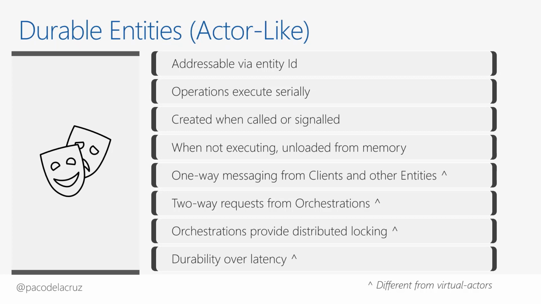Operations are executed serially, so we make sure that there are no race conditions. So every time we send a signal to the entity, these signals will be queued in a queue, and then the framework will execute these messages in order.